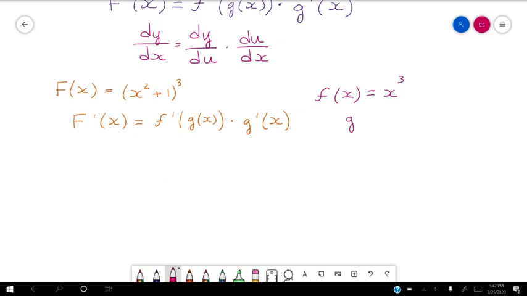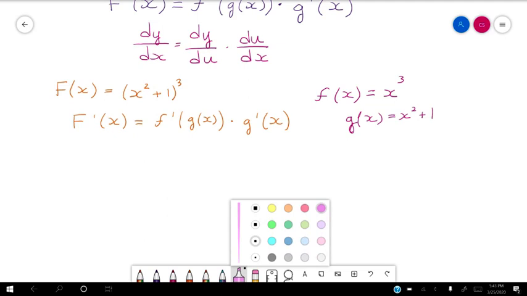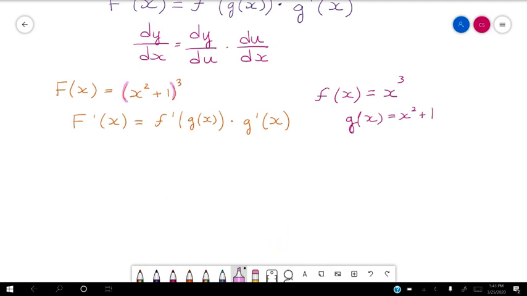And then the inside function is that x squared plus 1. Let's see what that looks like. I like to highlight just to help see what's going on. That's the derivative we're going to take first, because that's our outside function.